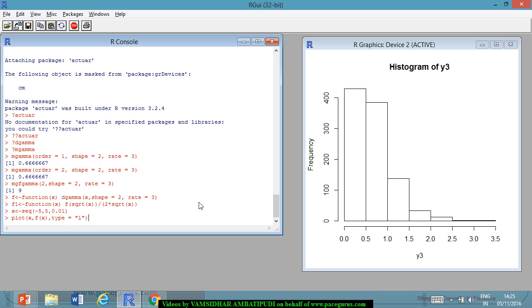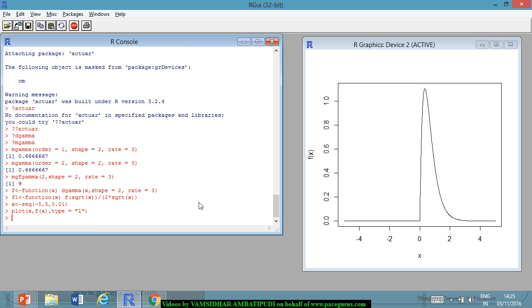Right, so let me set the values as they are. I am plotting x and f of x. Okay, so this is how I am getting the values of x and f of x. But let me add a line wherein x comma f1 of x, let me take up. Right, I'll use lines, and I'll put a color to this as red.